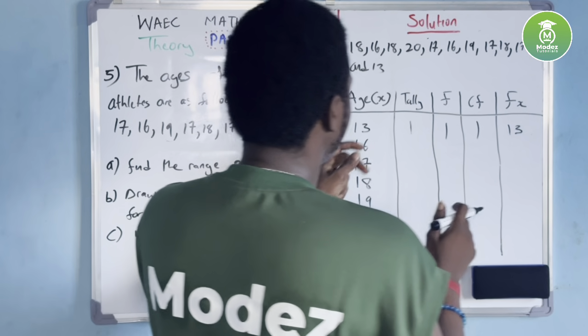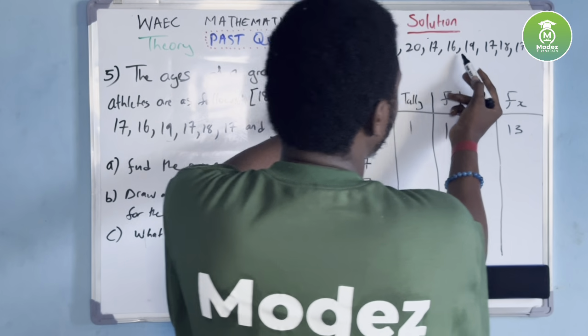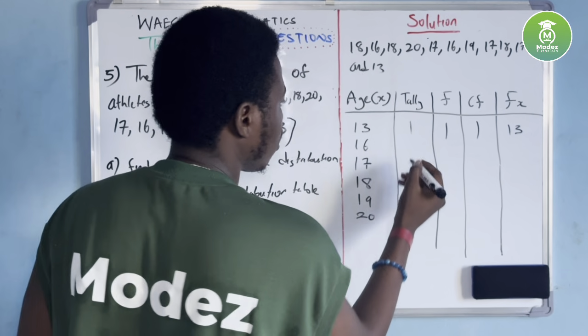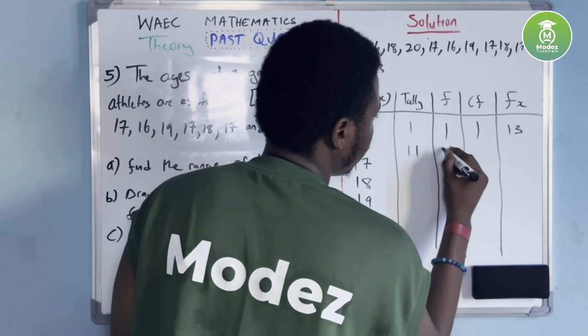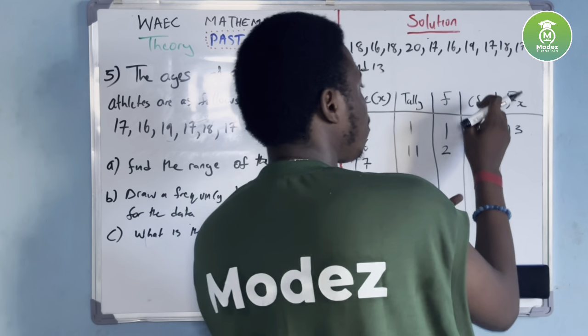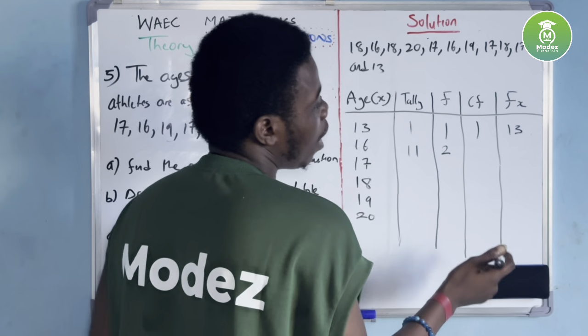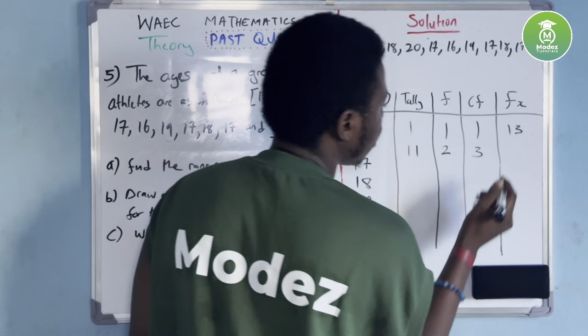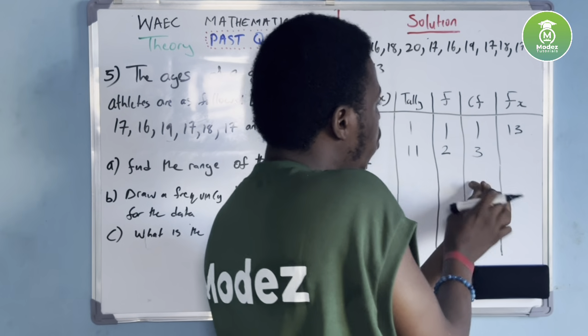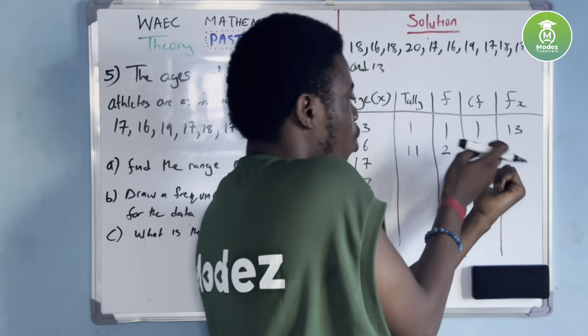Now, for 16, how many times does 16 occur? 1, 2. Twice. So this is the tally. Then the frequency. Then cumulative frequency is 1 plus 2, which is 3. Cumulative frequency is the sum of frequencies up to this particular row.